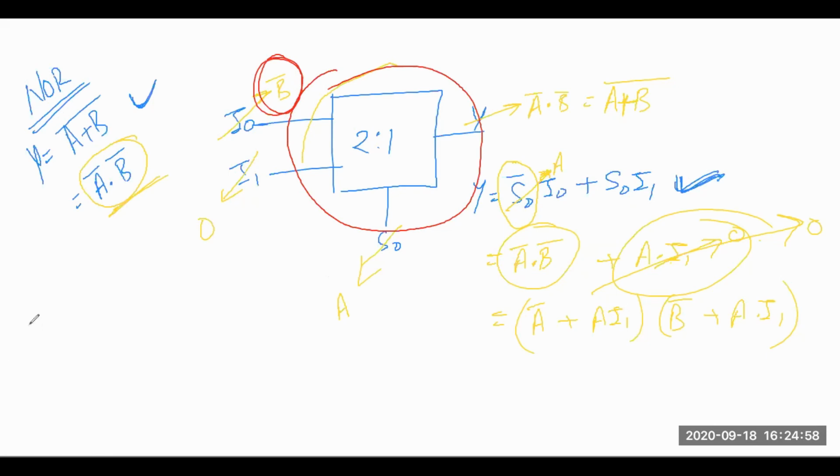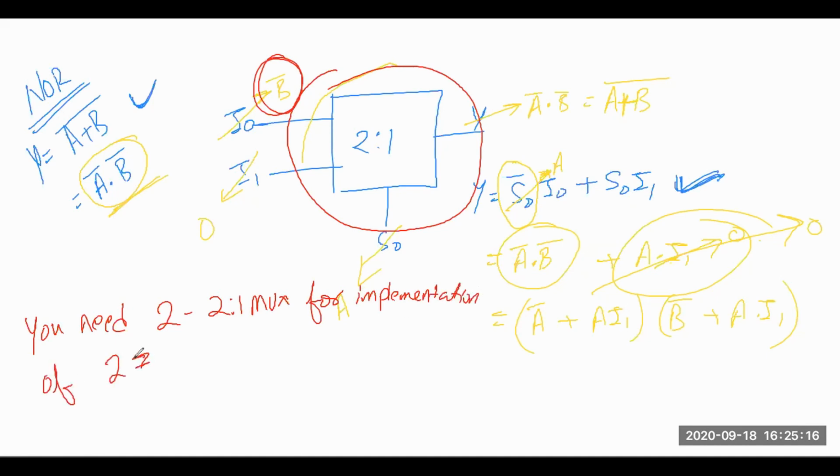That's why you need two 2:1 multiplexers for implementation of a 2-input NOR gate. So your answer will be 2, not 1. Because in the first NOT operation, with the help of that first example, you will convert B into B bar, and that B bar you will use as I0.